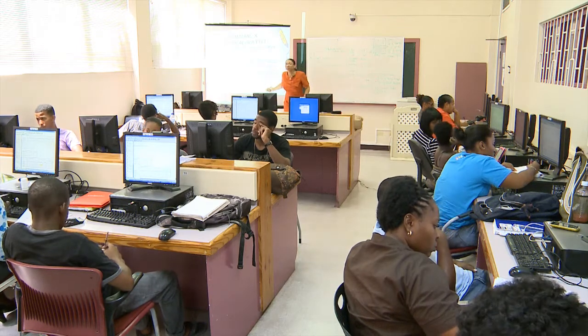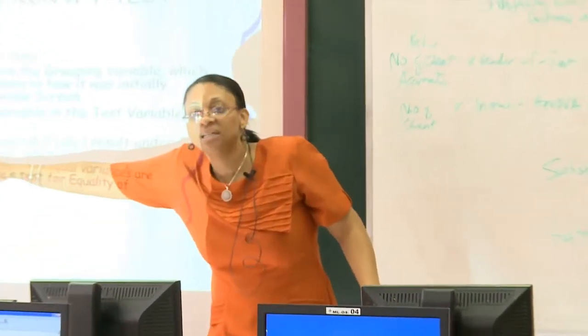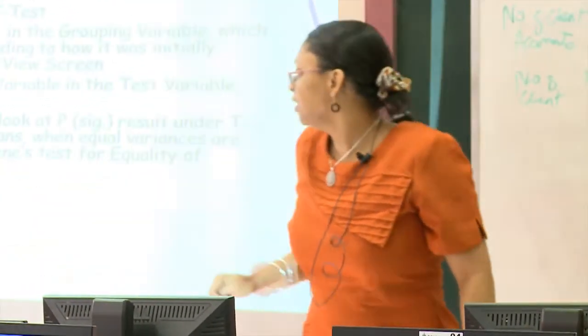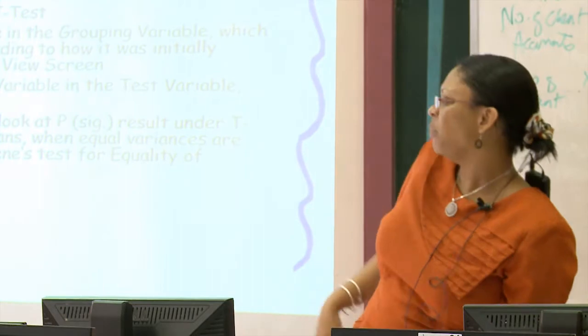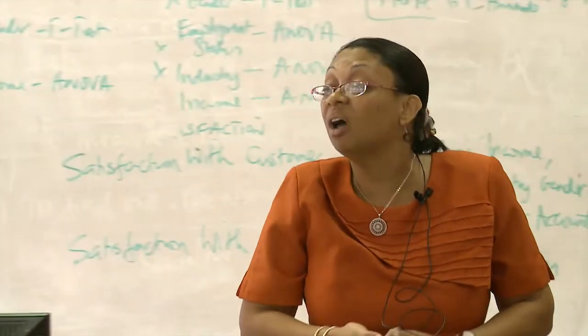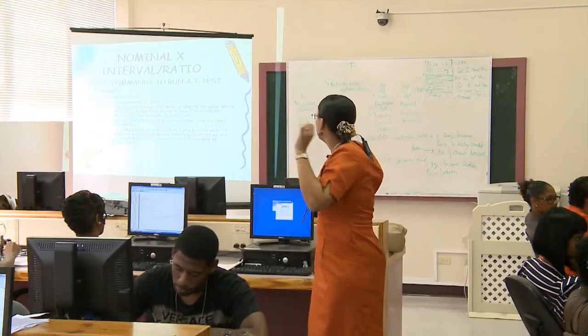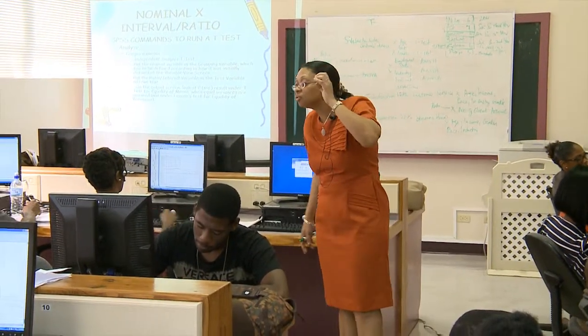On the output screen, look for the significance result on the t-test for equality of means, not variances. Whether equal variances are assumed or not assumed, it's really not going to be very different. But look for the p-value on the t-test for equality of means.